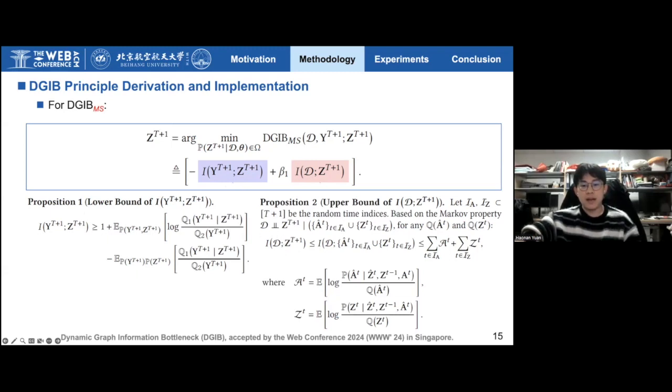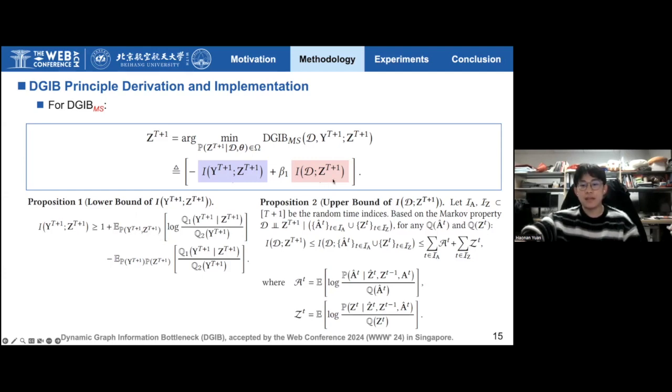In order to maximize the mutual information of the first term, we can give a definite expression for the lower bound of the mutual information and indirectly maximize the first term itself by maximizing the determined lower bound.